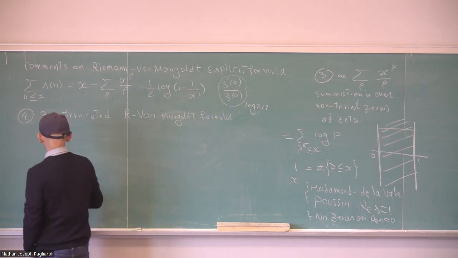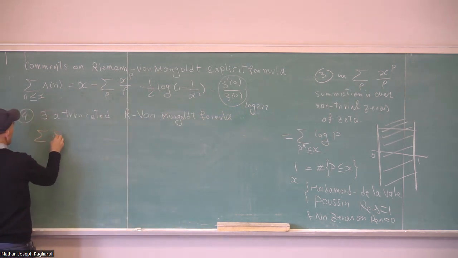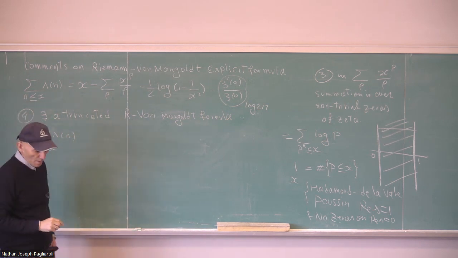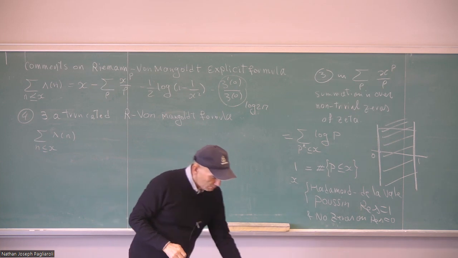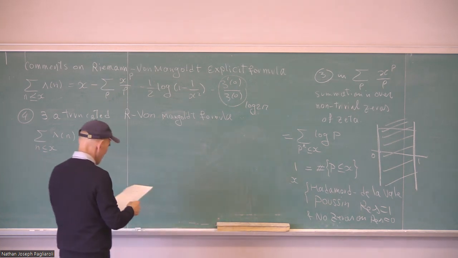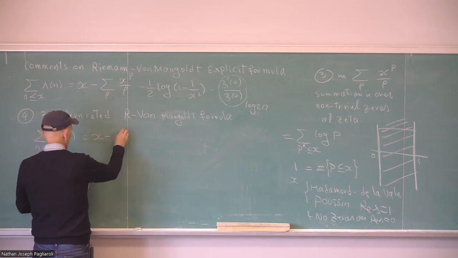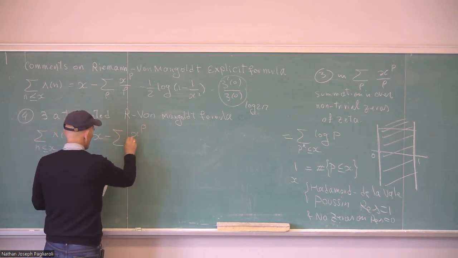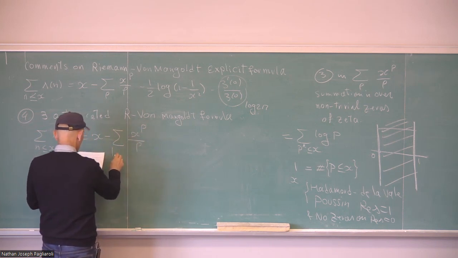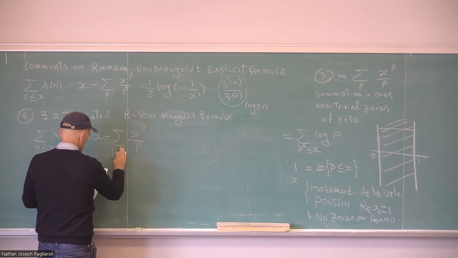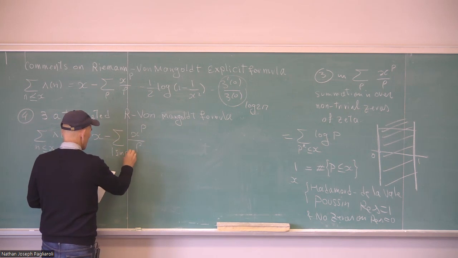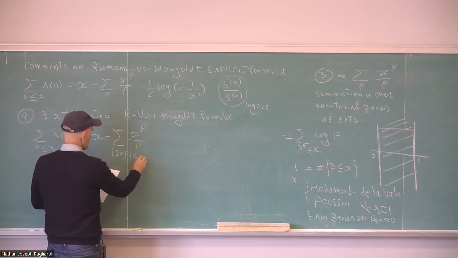So it says that indeed the sum of Lambda(n), n less than or equal to x, is equal to x minus the sum of x^rho over rho, where the absolute value of the imaginary part of rho is less than or equal to x.